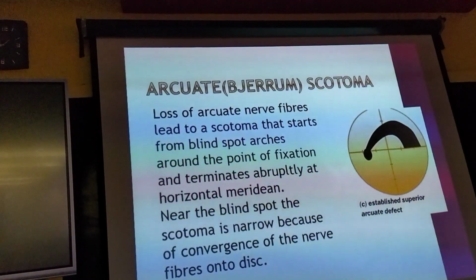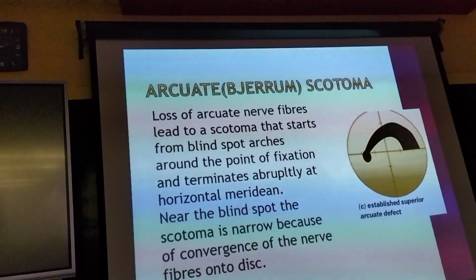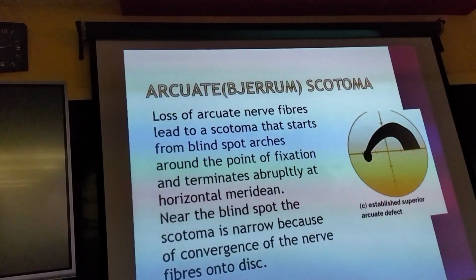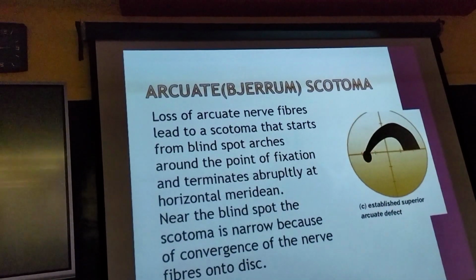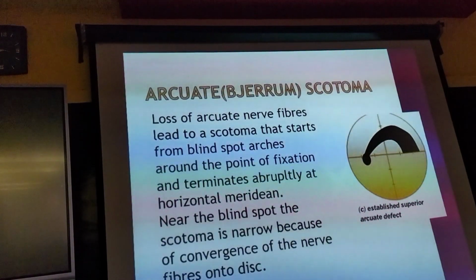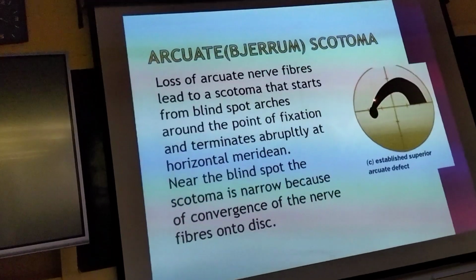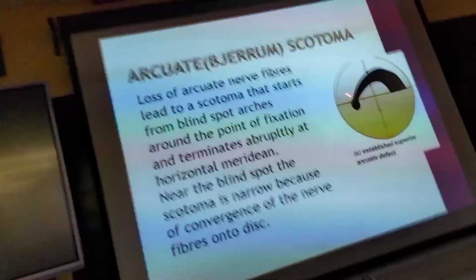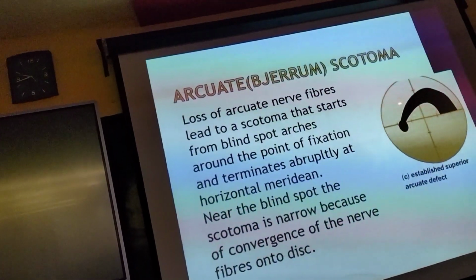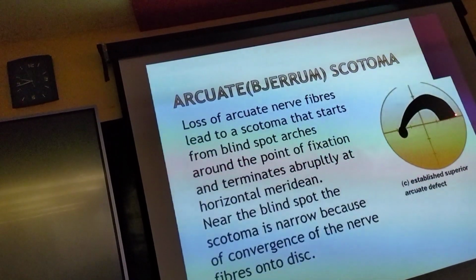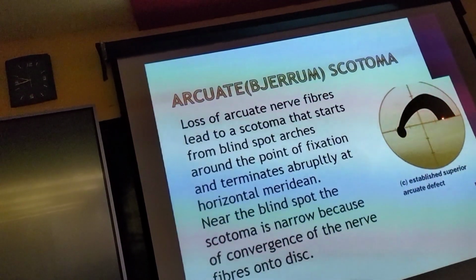And why does it occur? Near the blind spot, the scotoma is narrow because of convergence of the nerve fibers onto the disc. अब ये बता रहे हैं कि over here you can see that this arcuate scotoma is narrow, while on the opposite side this arcuate scotoma is wide.